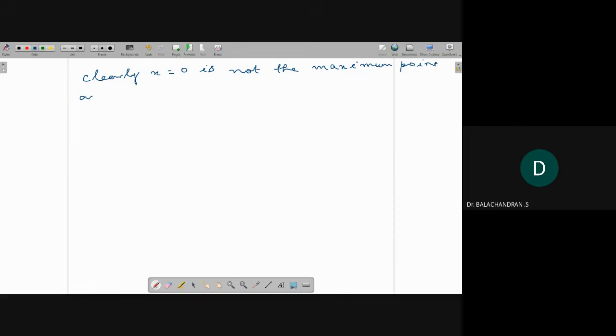And the point x equal to L by 16 into 15 plus root 33 is not a point on the beam.